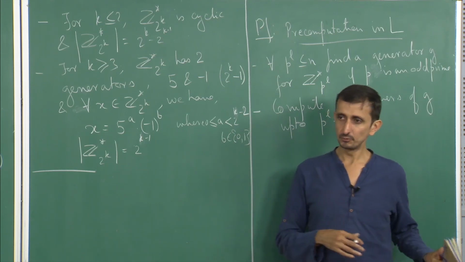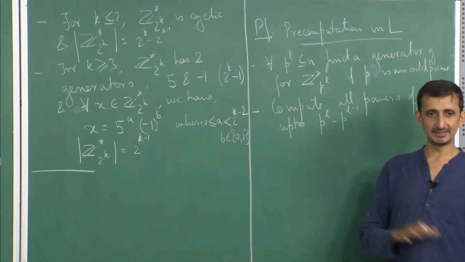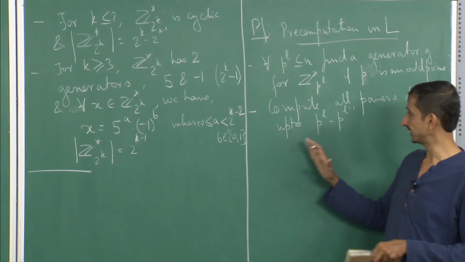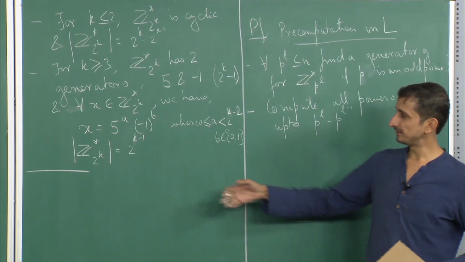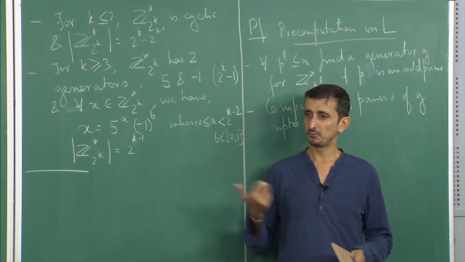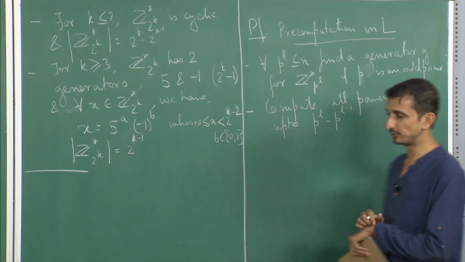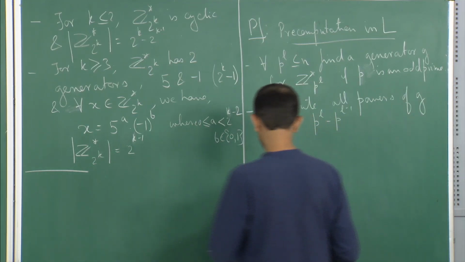So for the rest of the proof, I will just assume that I am only looking at case 1. I will only be showing it for the case when p is an odd prime. The other case when there are two generators is actually analogous. If you just work it out, you should be able to get it. Okay. So let's look at only this case.